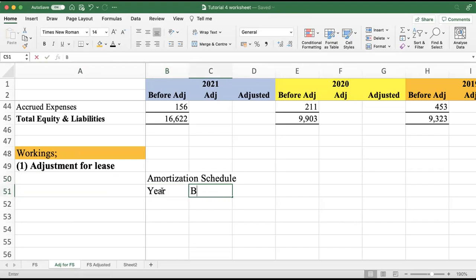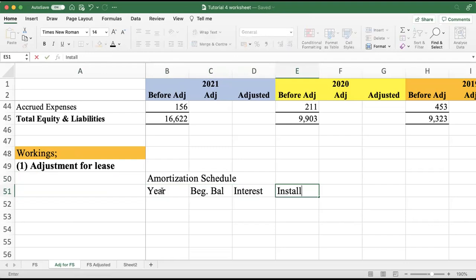Year. Beginning balance. Interest. Then lease installment. Then capital repayment.